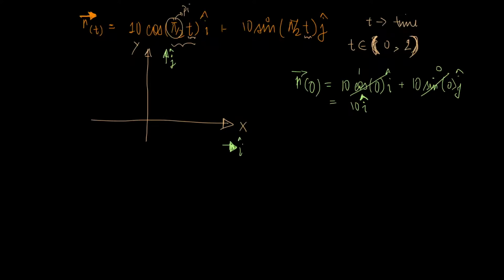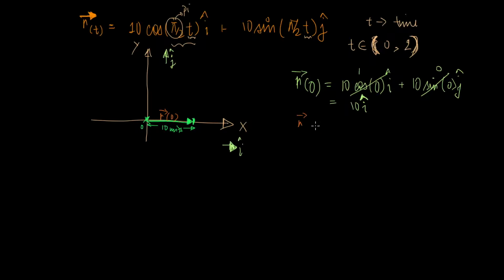So if we plot this now, at 0 time the body would be at 10 i cap. If this distance is 10 units, then the position vector of the body would originate from the origin O and end at this point, which is 10 units from the origin. This is r of 0 at 0 time.